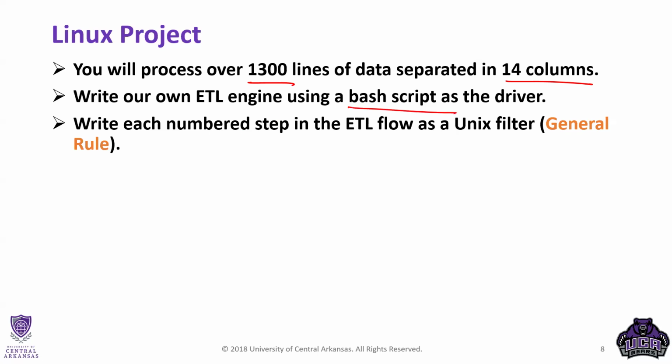And when I'm talking about each numbered step as an ETL flow or a Unix filter, what I'm trying to state is there's going to be steps that are numbered in there. And oftentimes you could just code this step and that step alone. And then you could, in some cases, pipe to the next step.